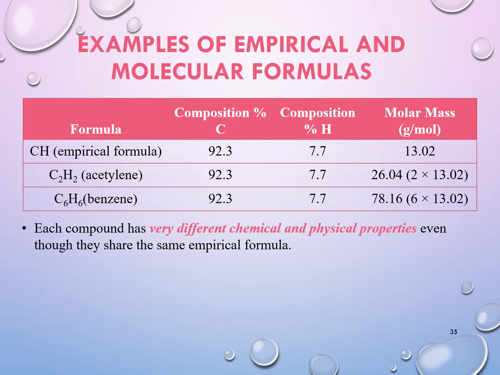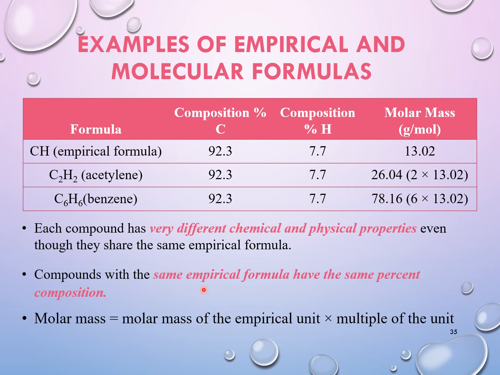Let's take a closer look. We have C2H2 and C6H6. They both have empirical formula CH. If you take a look, their percent composition, mass percent, is actually the same. However, obviously they're very different because they have different amounts of actual C and H. 2 and 2 versus 6 and 6. It'll give you very different chemical and physical properties.